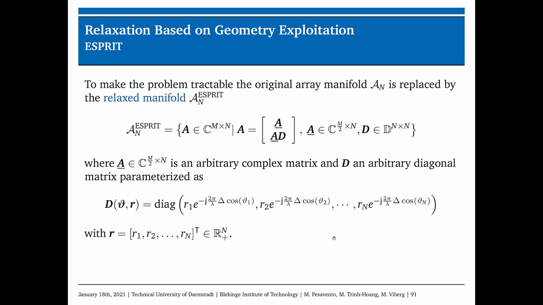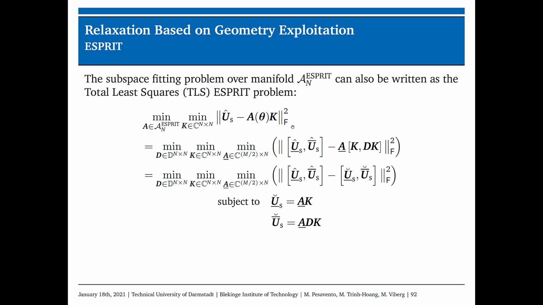With this relaxation, the subspace fitting problem can then be reformulated as minimizing the subspace fitting function over the set of all n times n complex matrices K and over the set of steering matrices A that belong to the relaxed ESPRIT manifold.